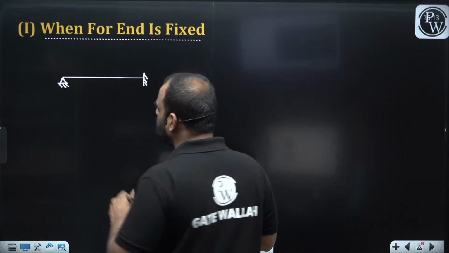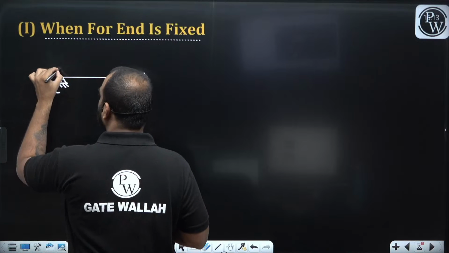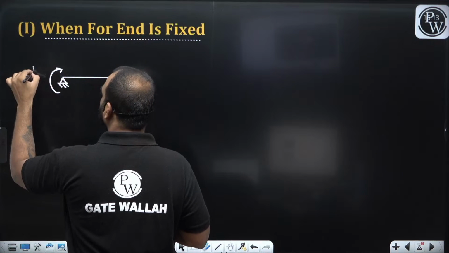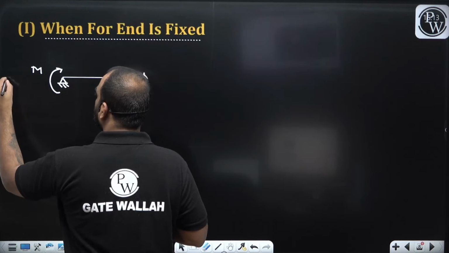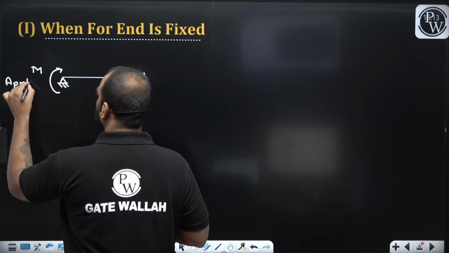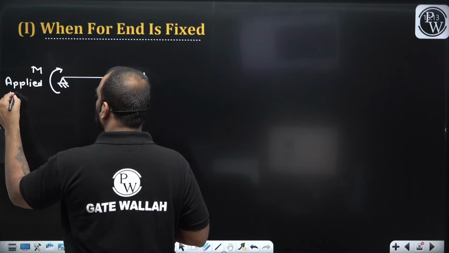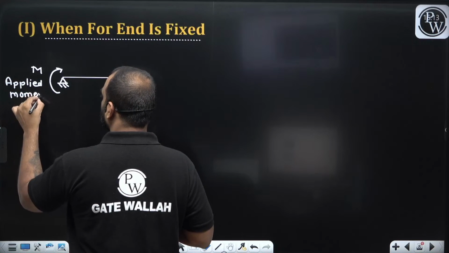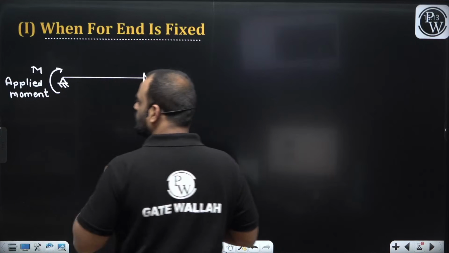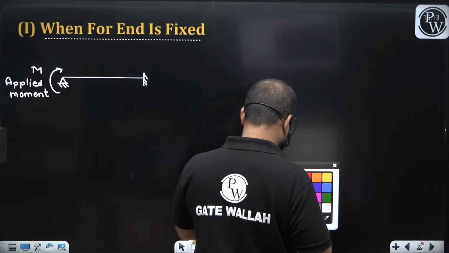So let us suppose I am applying the moment like this, so this value is basically M and it is the applied moment. Okay, so this end will become our near end.